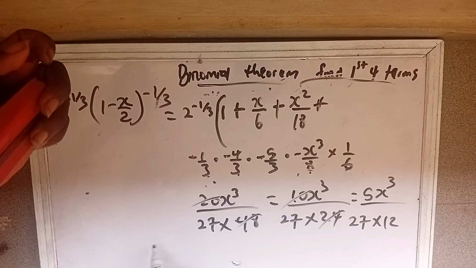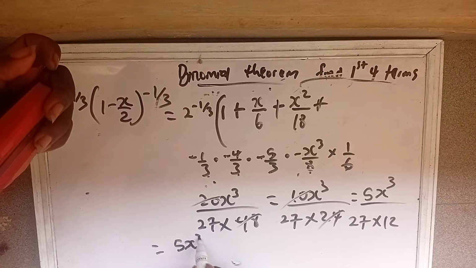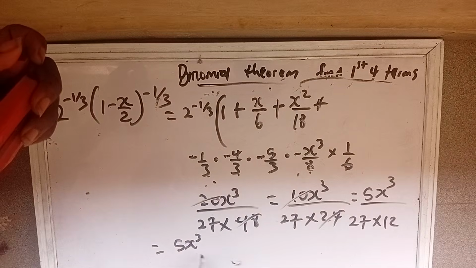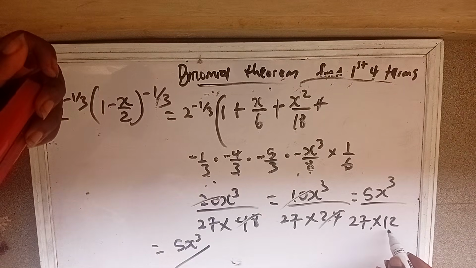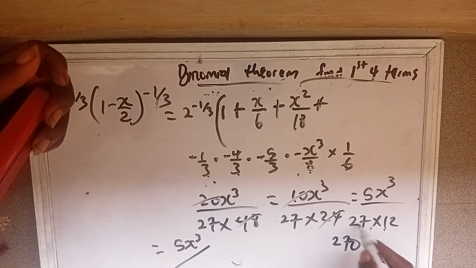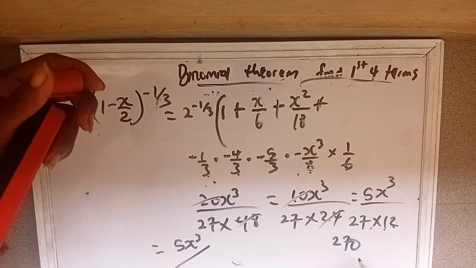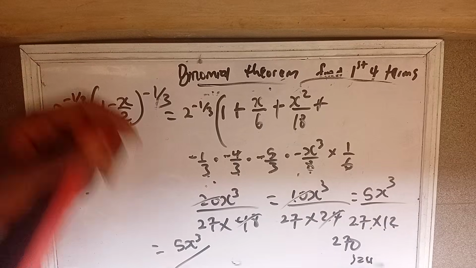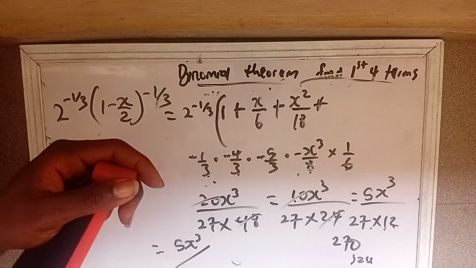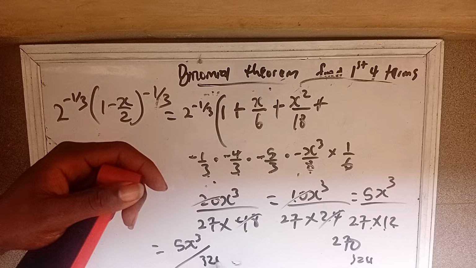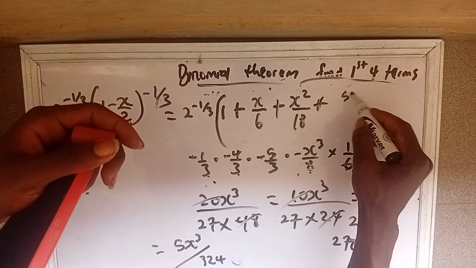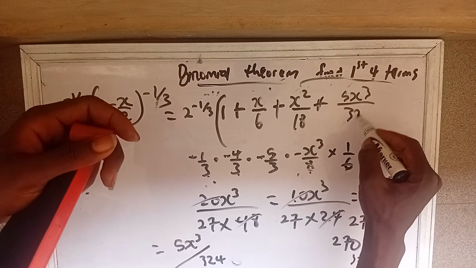Right? So this becomes 5x cubed divided by 27 times 10, that's 270. 27 times 2, that's 54. 54 plus 270, that's 324. So 27 times 12 is 324. This is 5x cubed over 324.